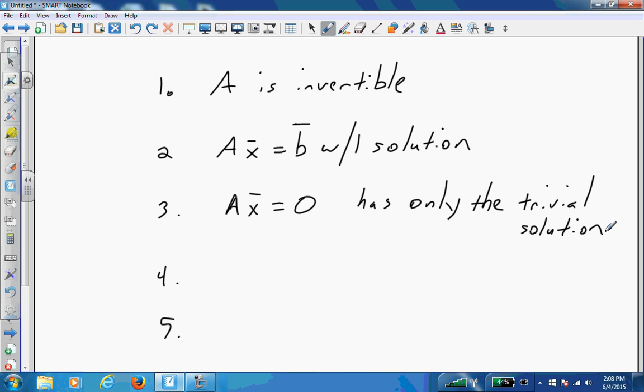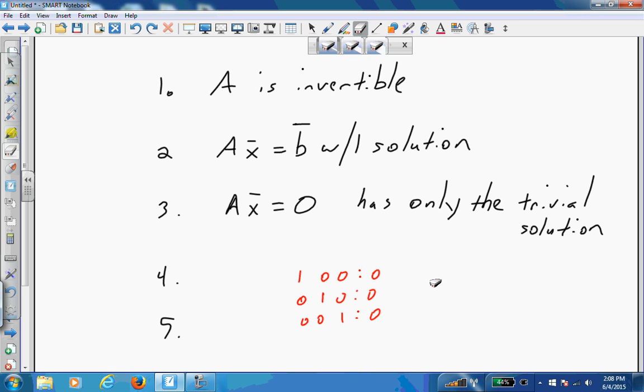You have a pivot in each, so none of them would be free. And if you have a pivot in each one, that means you have one solution. Well, if this is homogeneous with one solution, that would be 0, that would be 0, that would be 0. We call that the trivial solution, the 0 vector. Well, if you can row reduce A, has all pivots, row reduce it into an identity, then that's invertible.